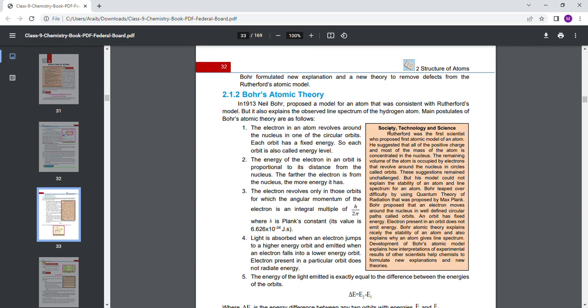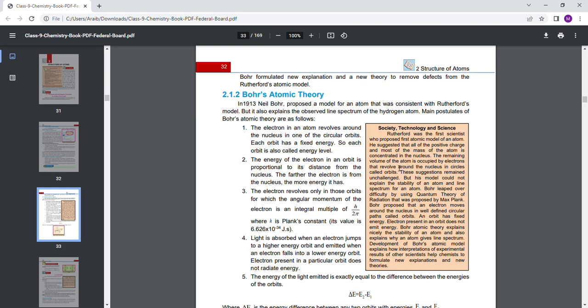Now we will study the science, technology and society paragraph. Rutherford was the first scientist who proposed an atomic model. He suggested that all the positive charge and most of the mass of the atom is concentrated in the nucleus.